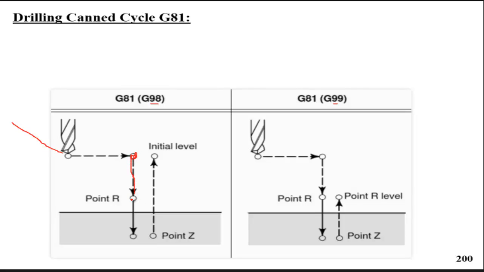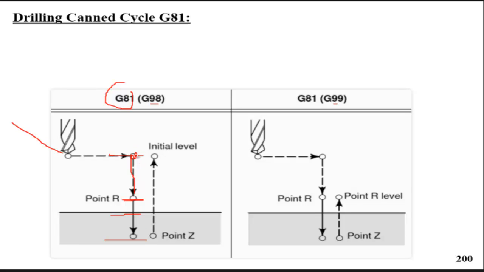That is the R level. This is the initial level, the R level, the material top level, and this is the Z level. So what is G81 doing? It is doing all this in one block.